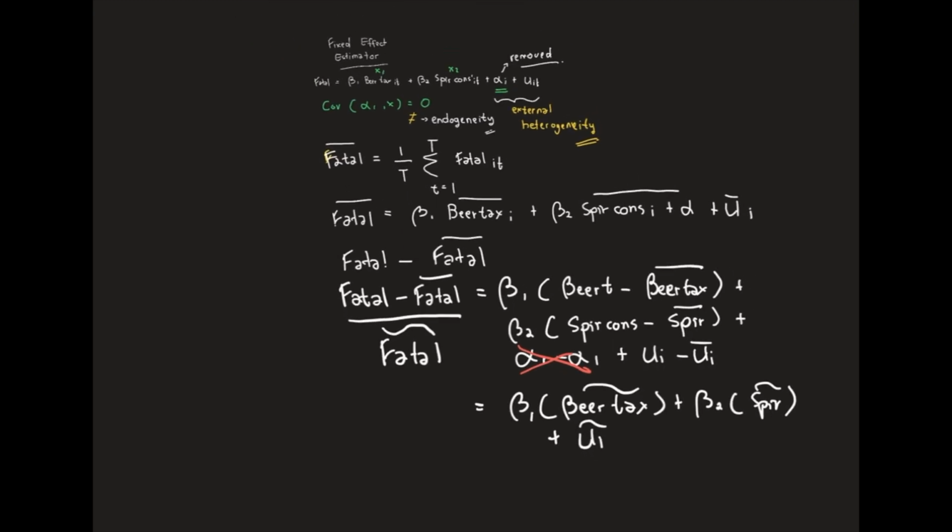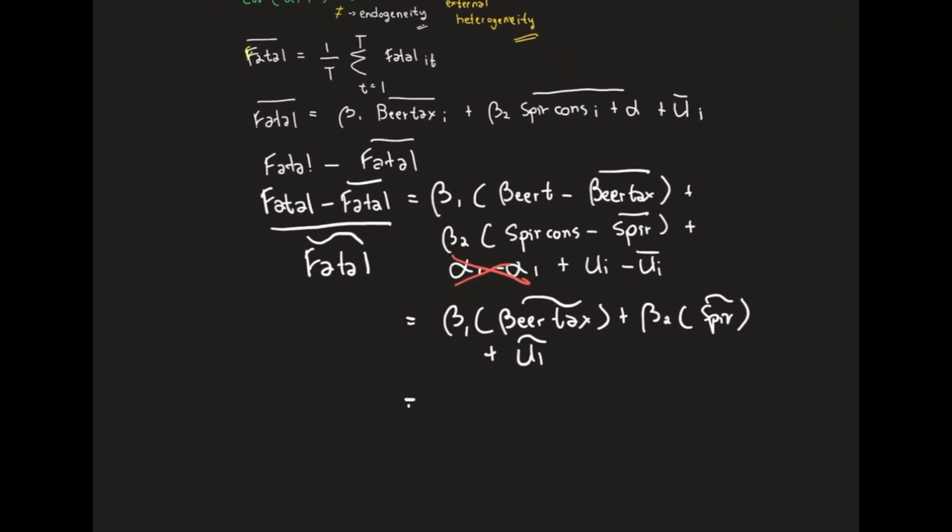So this is the new model or equation, and we expect that if we already remove this, then the covariance between x i demeaned and alpha will be 0 because the alpha is gone.